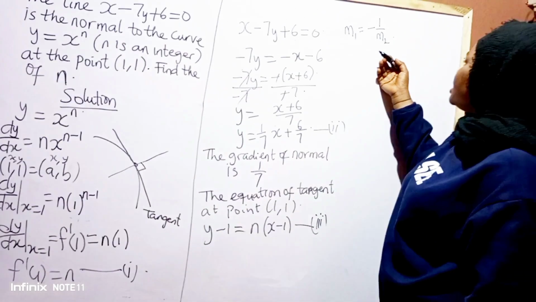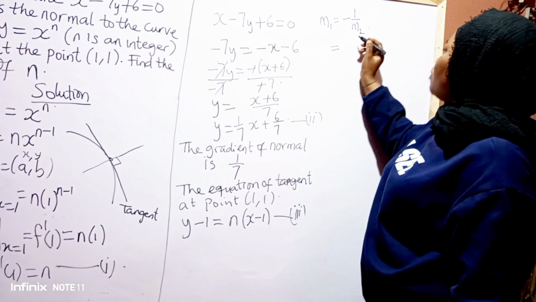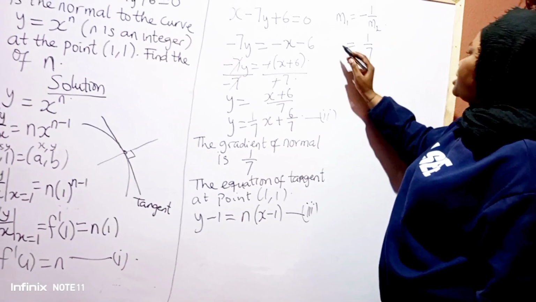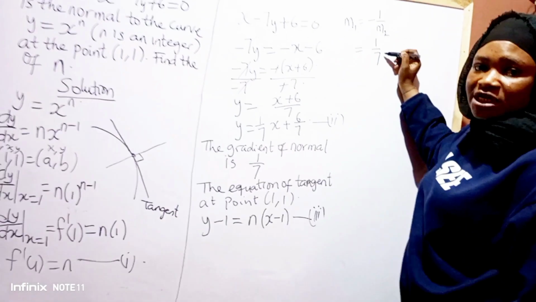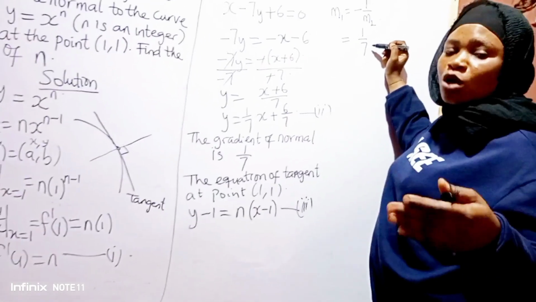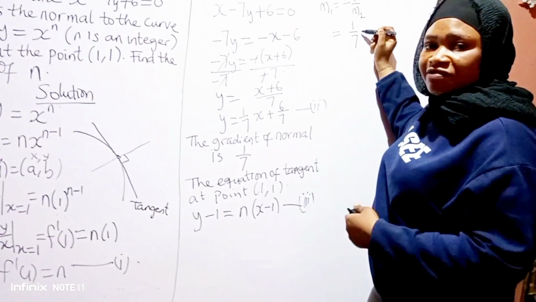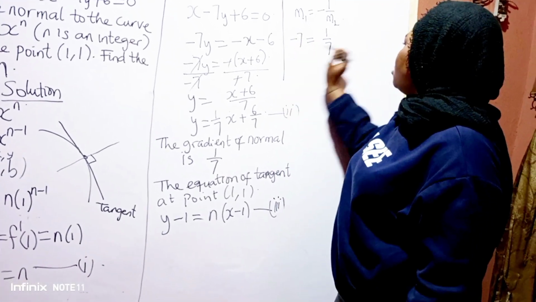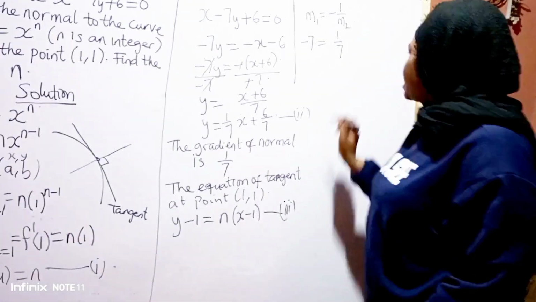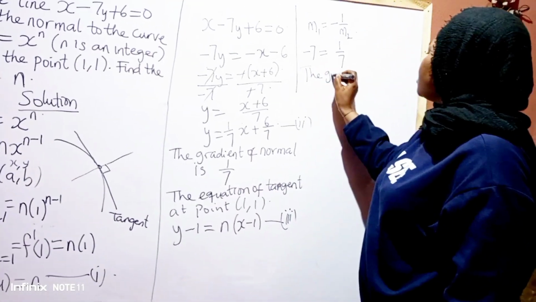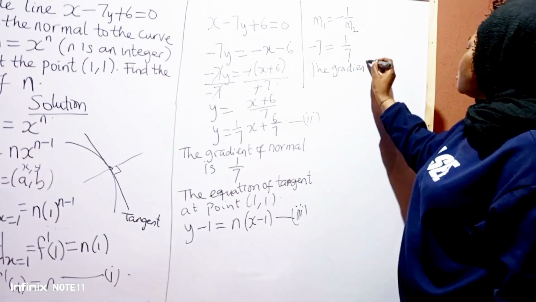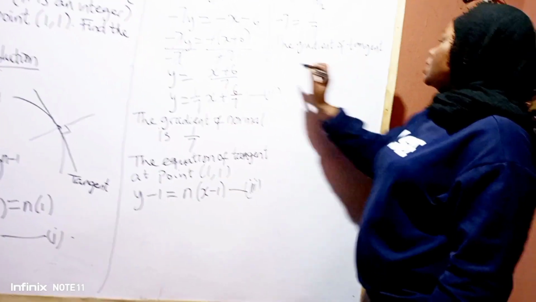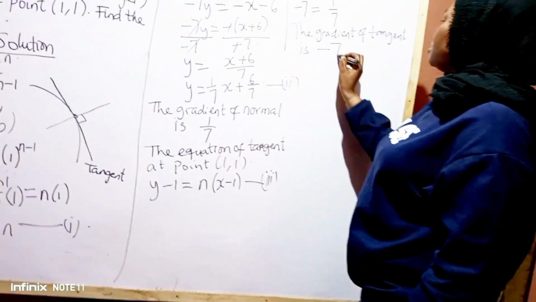So the negative inverse of 1 over 7 is going to be minus 7. That means the gradient of the tangent is equal to minus 7.